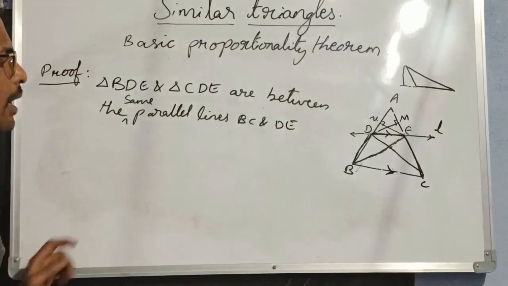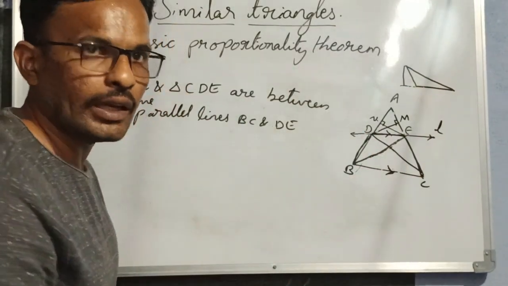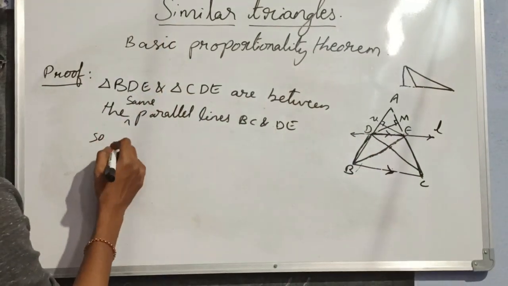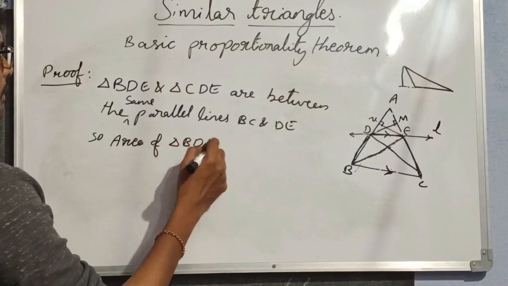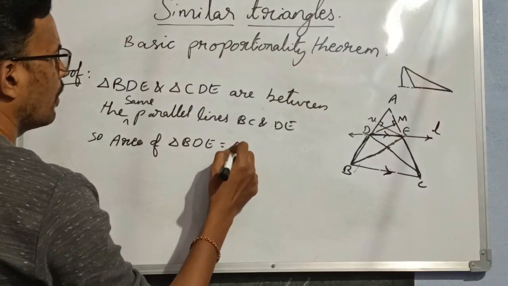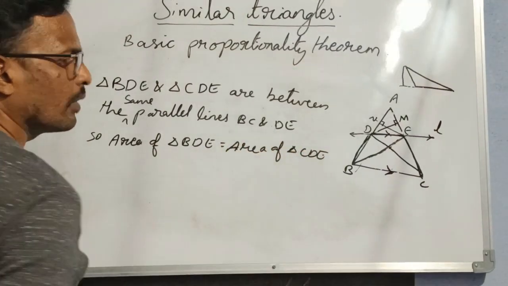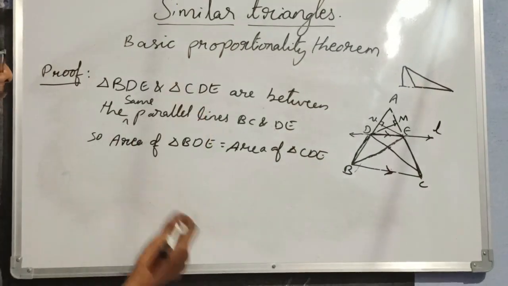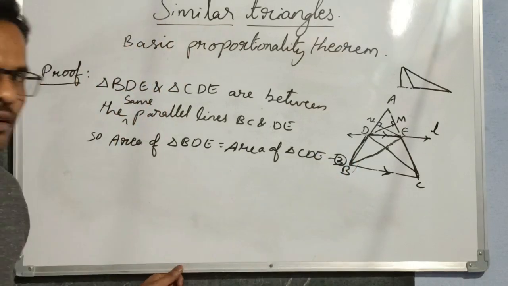Triangle BDE and triangle CDE are lying between the same parallel lines BC and DE. So area of triangle BDE is equal to area of triangle CDE. Since they are between the parallel lines, their areas are equal. I am taking this as equation 3.